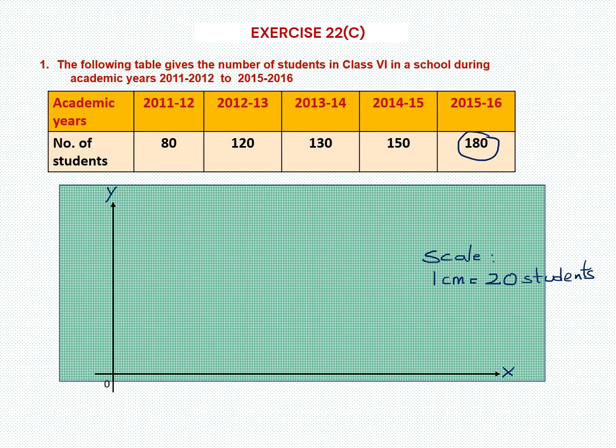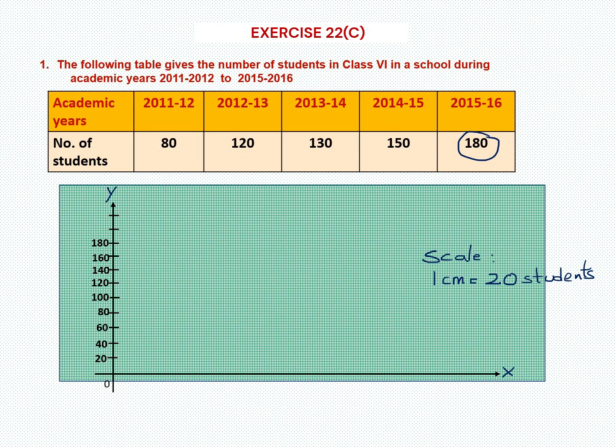Okay, so let's try that, because we need to reach 180. So we mark our points and then we start 20, 40, 60, 80. We're counting in 20s. 100, 120, 140, 160 and 180. So we've got up to 180.